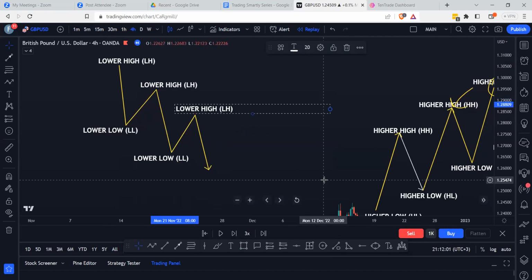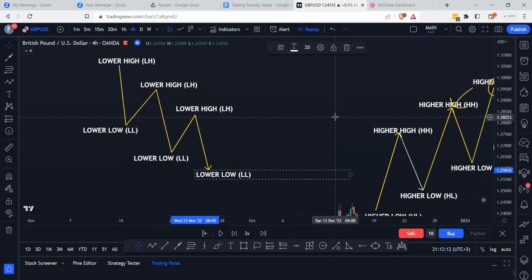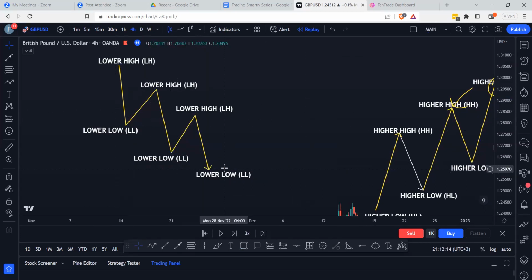Now, how do you know that price wants to continue in a downtrend? The market will keep giving you new lower lows. If you see price creating new lower lows like so, that means the strength of the market is bearish. That means price still wants to continue in that bearish market. Price wants to keep going down. So when you spot that price is in a downtrend, which is a bearish environment, you also want to be trading bearish. And how do you trade bearish? You simply look for selling opportunities.